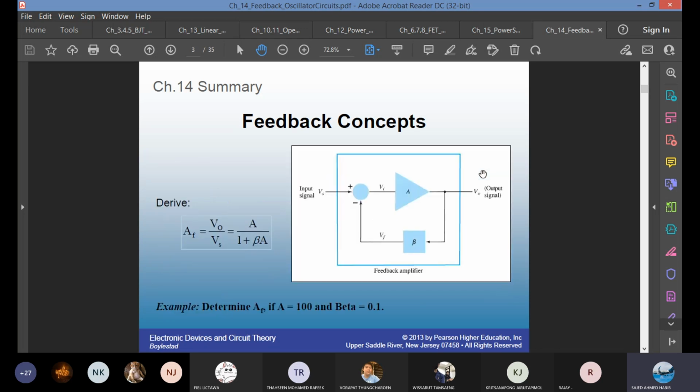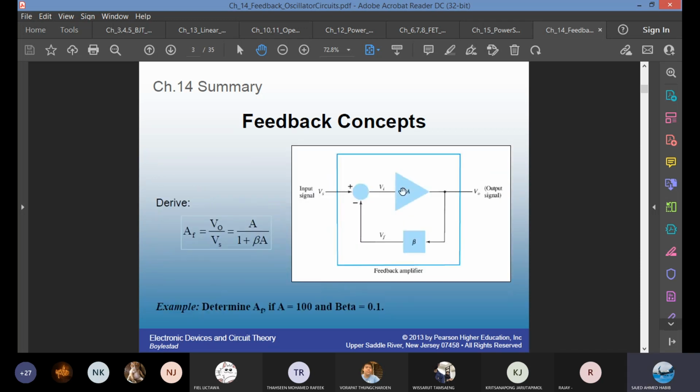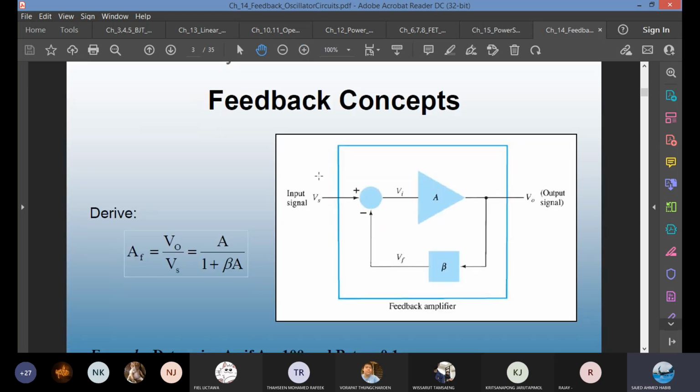The basic equation, we derived so many equations here. In this case, you have an input signal Vs, it is not Vi. And then this is a mixer network. The mixer network gets the input signal Vs minus the feedback signal Vf. The difference between Vs minus Vf is Vi.